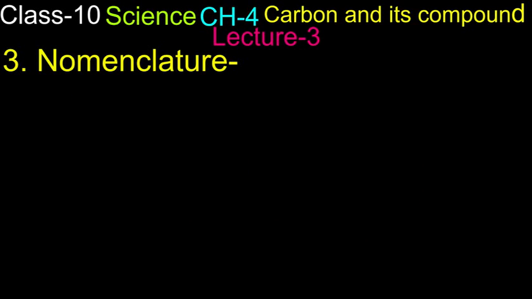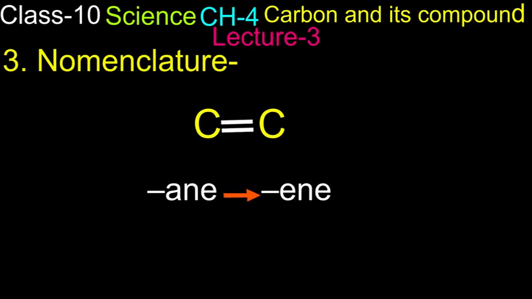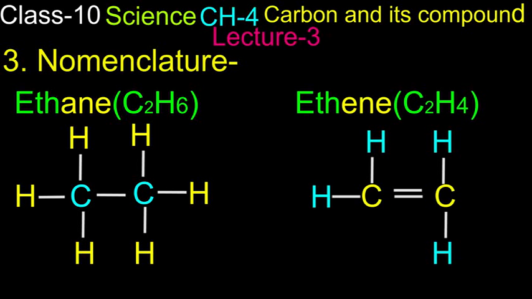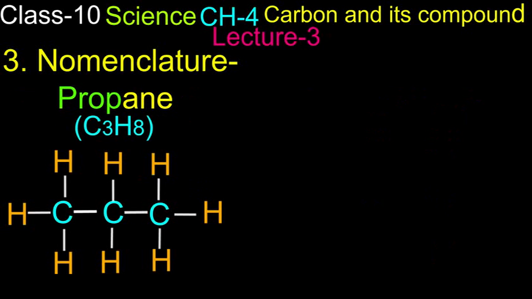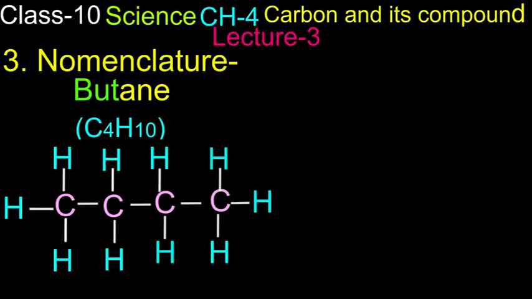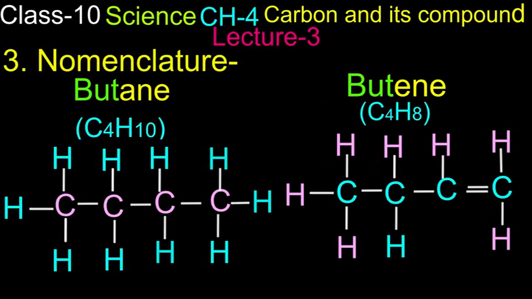If any carbon-carbon bond is double, then replace suffix ane with ene. For example, in ethane, if 2 hydrogen atoms are removed and a carbon-carbon double bond is formed, then it is ethene. Same is with propane. Propane becomes propene and butane becomes butene.